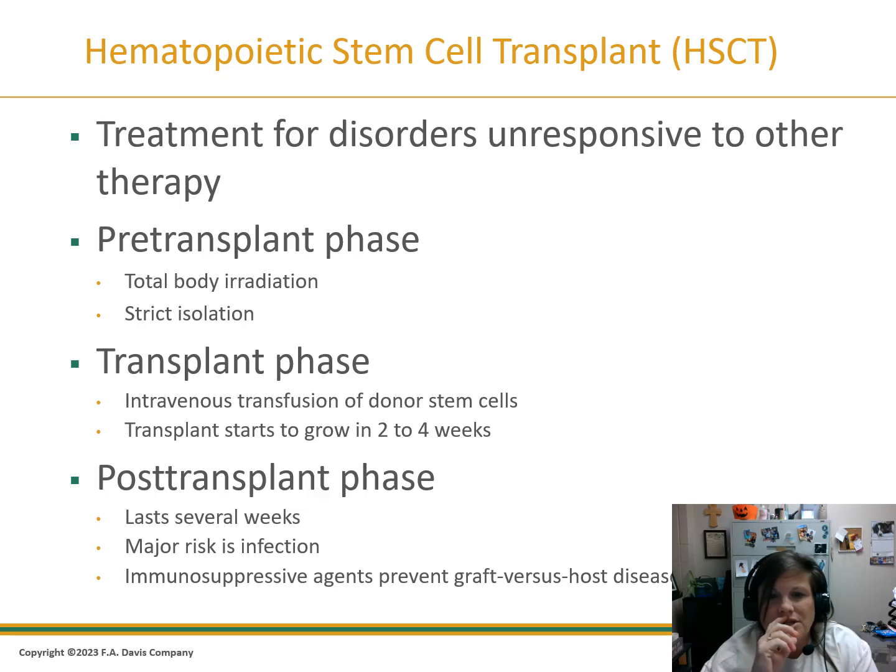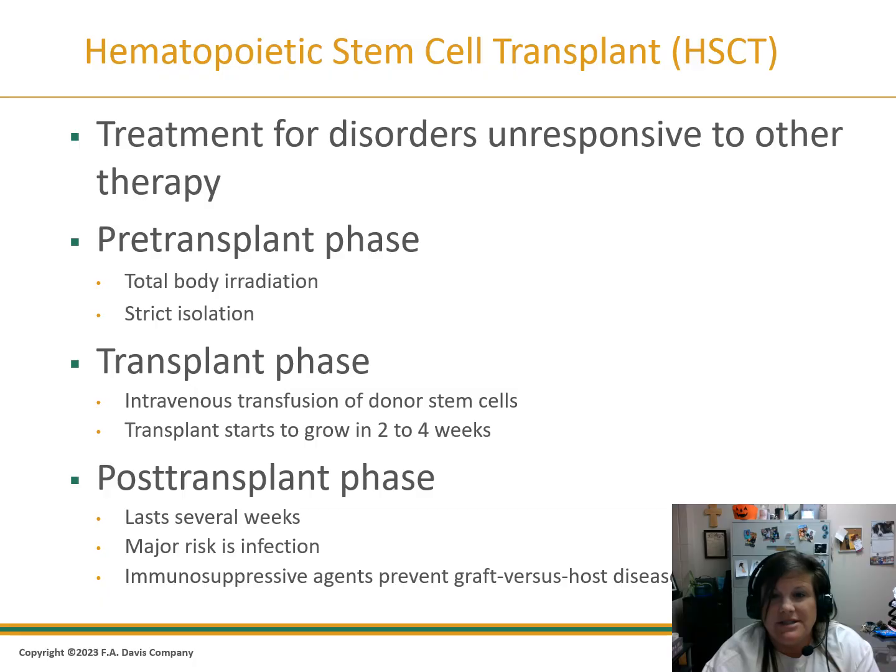they entail. So the pre-transplant phase, that care is going to include typing the patient, so HLA typing to see who's a match. If you've heard of the Be the Match organization, this is an example of its implementation. It also includes evaluating the patient's organ function. They're going to be in strict isolation.